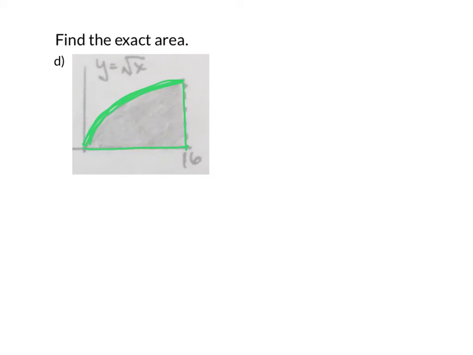So what we need to remember is that the fundamental theorem of calculus tells us that the area underneath the curve is the integral of the curve, square root x, dx, evaluated over the entire interval from 0 to 16.